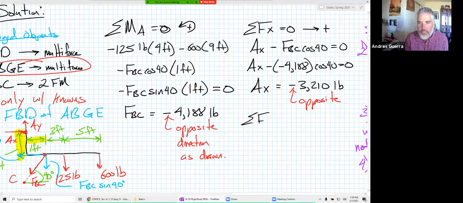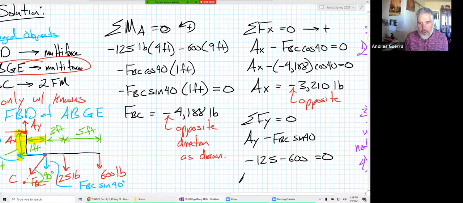When I sum forces in the Y equal to 0, I'm going to end up with Ay going up. My FBC, the way it's drawn, would be a minus FBC times the sine of 40. And then we also have a minus 125 and a minus 600 is equal to 0. When I plug in for FBC, I plug in a minus 4188 in that spot, a negative number.